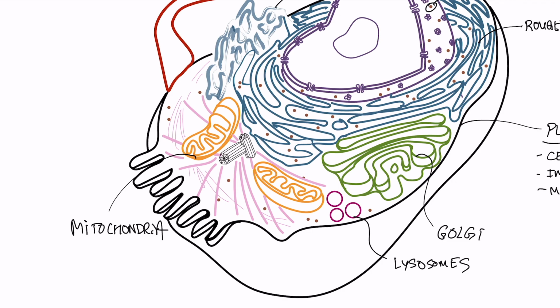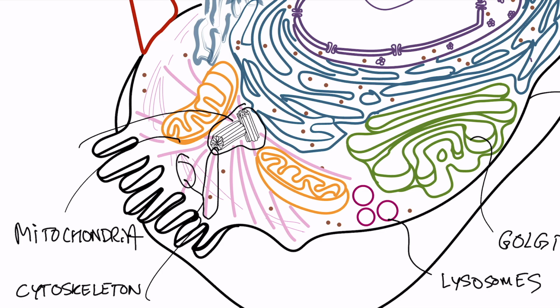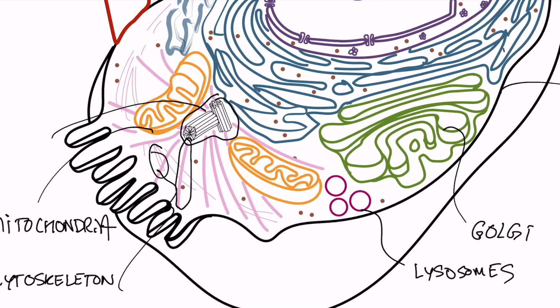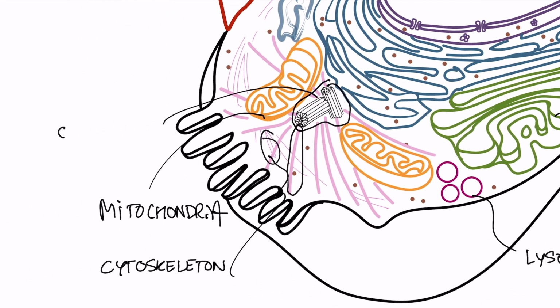In pink, you have cytoskeleton elements here. So I'll just say cytoskeleton, and we'll go over the 3 types of cytoskeleton elements later, which is the microtubules, the intermediate filaments, and microfilaments. In black, you have centrioles, which are involved in microtubule formation.